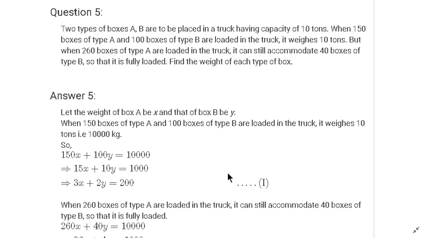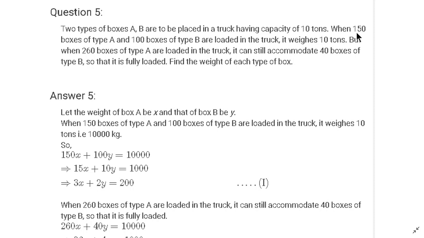Okay, so let the weight of box A be x and the weight of box B be y. Then what is the condition here?